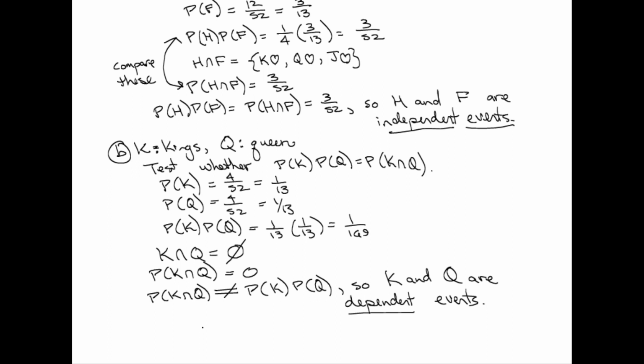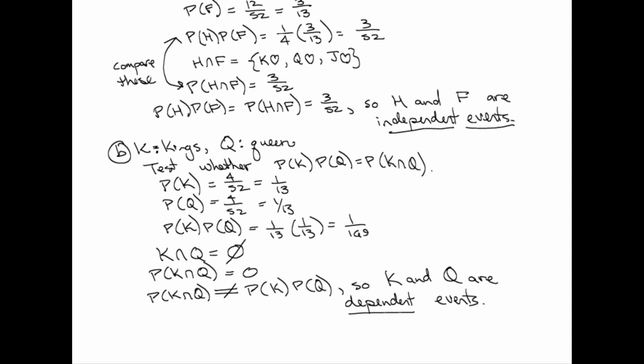So if you drew a card and you already knew that it was a king, and then someone asks you, what's the probability of this card being a queen? Well, 0. You already know it's a king. The fact that it's a king certainly affects the probability that it's a queen. Therefore, those two events are not independent. The outcome of one does indeed affect the other. These are dependent events.